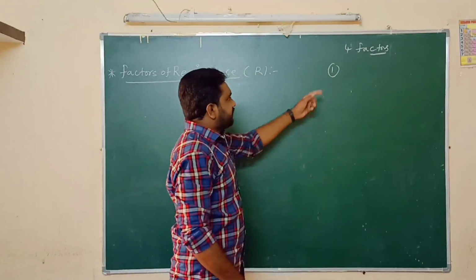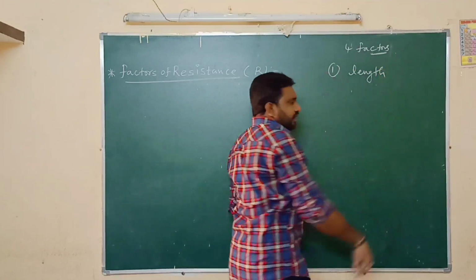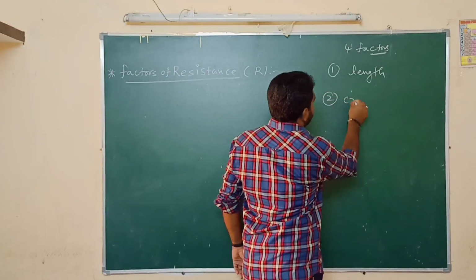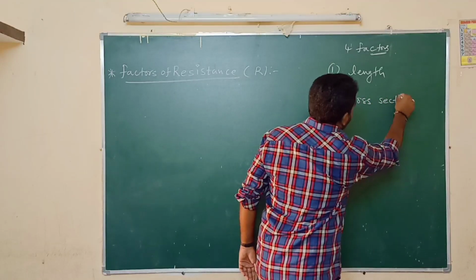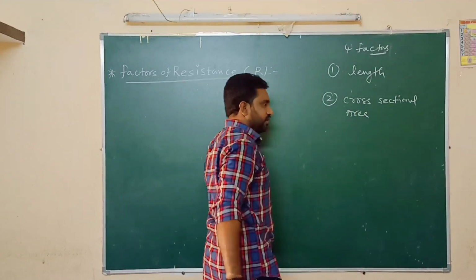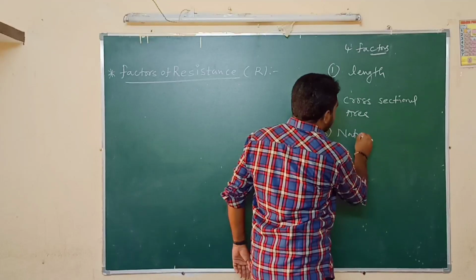The first one is the length of the conductor, the second one is the cross sectional area of the conductor, and the third one is the nature of the material.